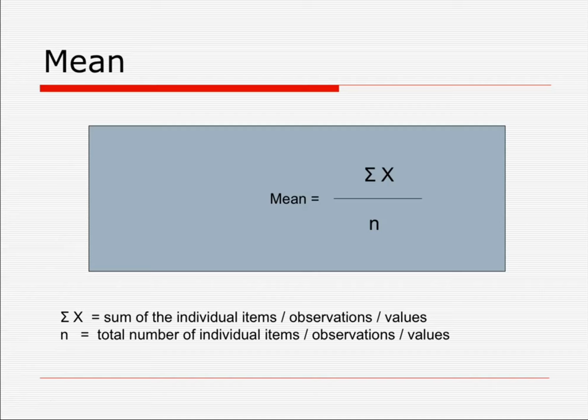You're going to see n used quite frequently. So you'll notice the sigma, that is the Greek symbol there, sigma x, means the summation of all of those values. Maybe there are 13 different values that we have, 13 different data points. We'd add those up, divide by the total number of data points to get the mean, or as you will see in the Microsoft Excel video, average.